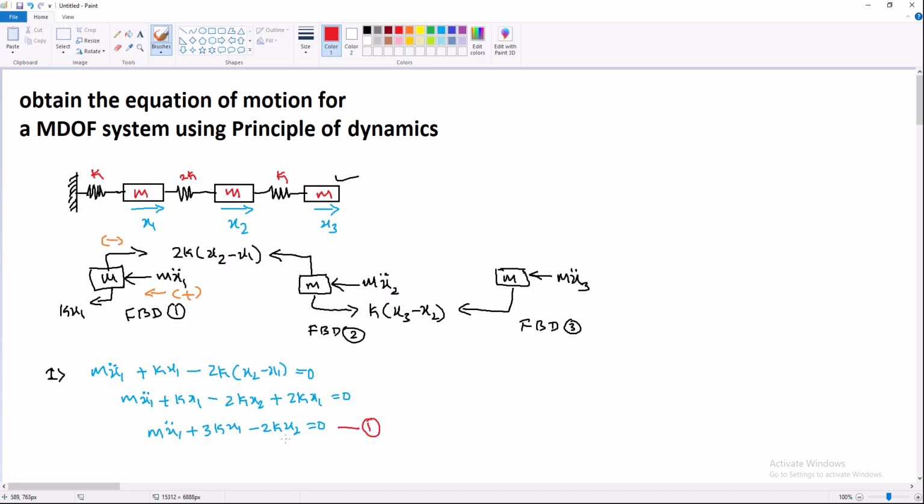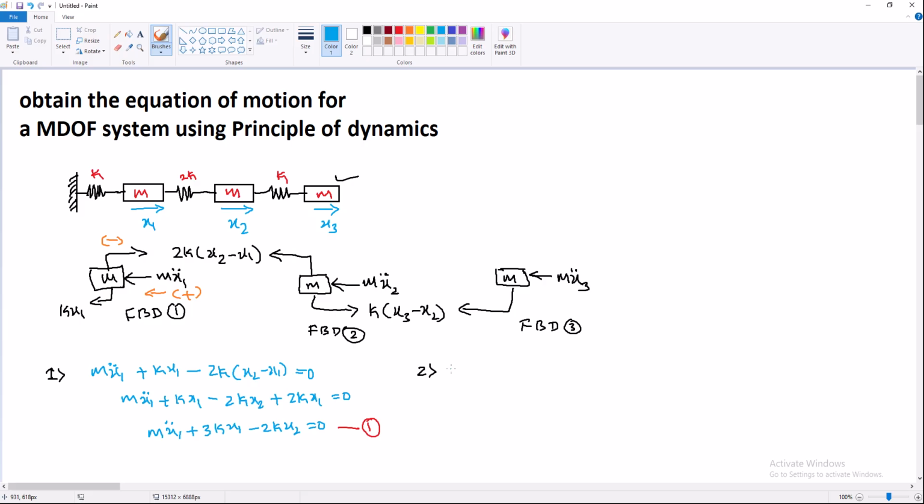For the first mass, the equation of motion is m x1 double dot plus 3k x1 minus 2k x2. So I have written x1, x2 in this direction. Similarly, again I will write it for the second mass system. To write that, again I consider the similar sign conventions.